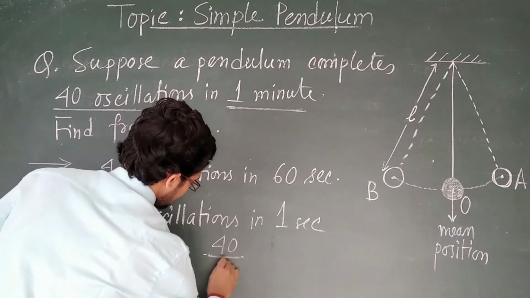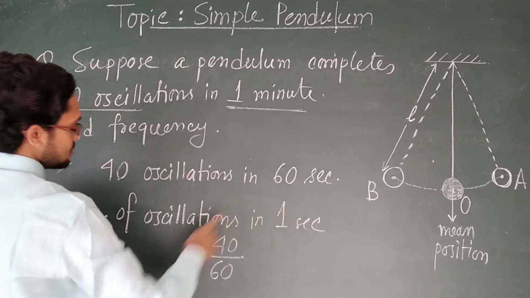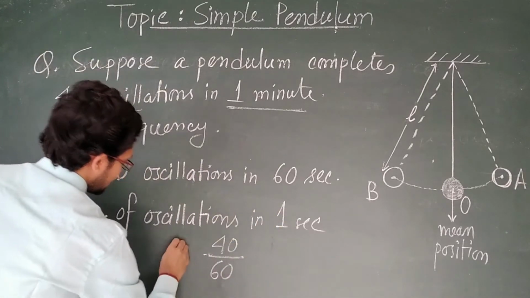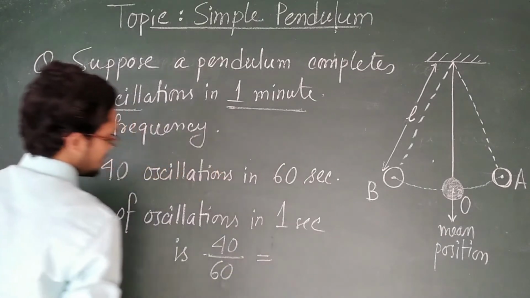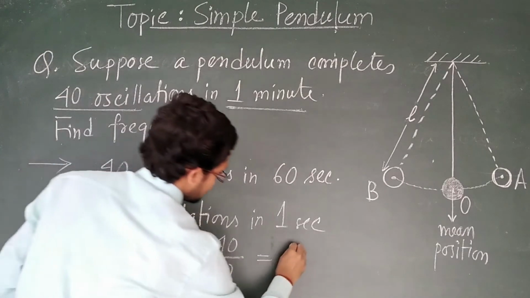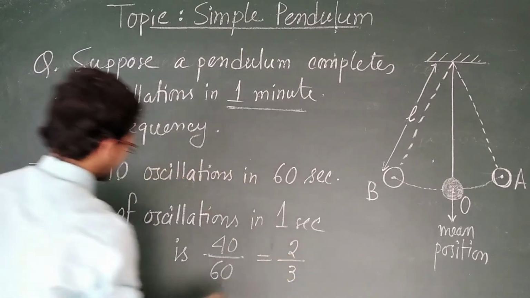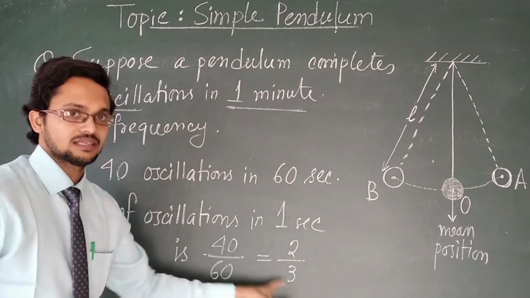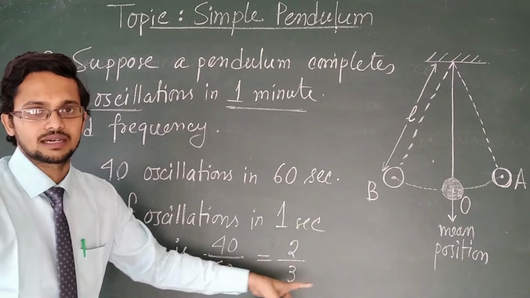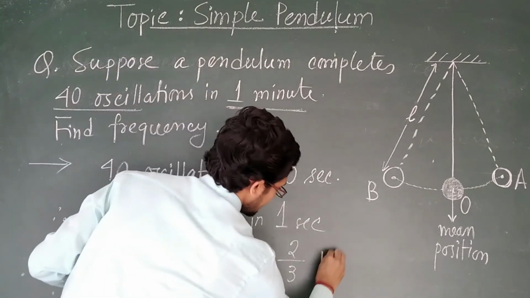The number of oscillations in 1 second is 40 by 60, which equals 2 by 3. This is the number of oscillations in 1 second, that means this is frequency, and frequency has the unit Hertz. So 2 by 3 Hertz.